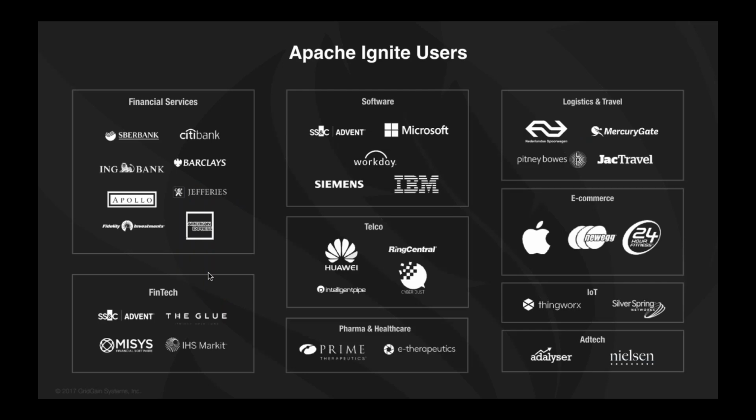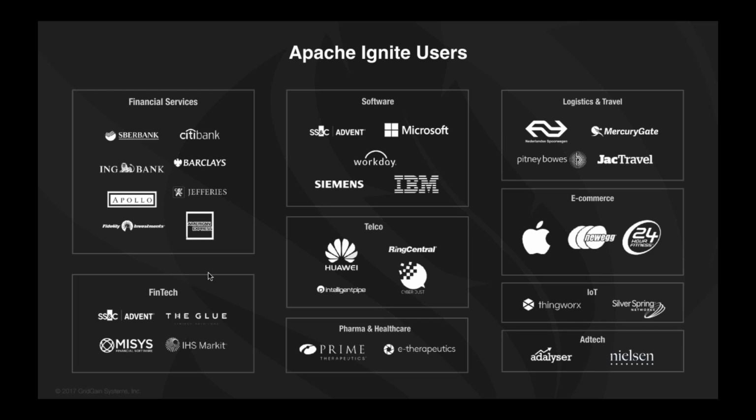Well, before we move on with the demo, let me quickly give you a view on the use cases that are supported by Apache Ignite and why we decided that Apache Ignite is suitable for IoT applications.